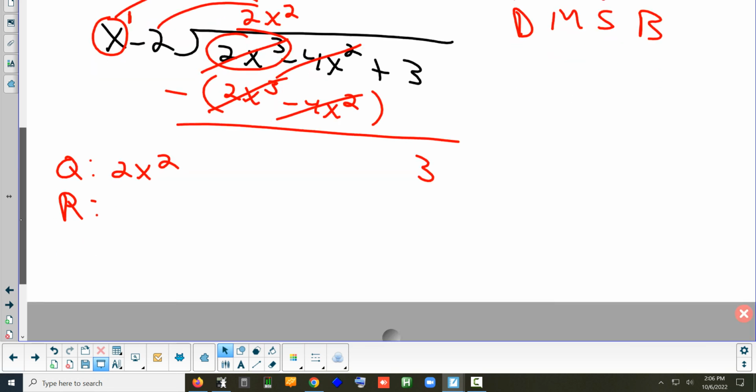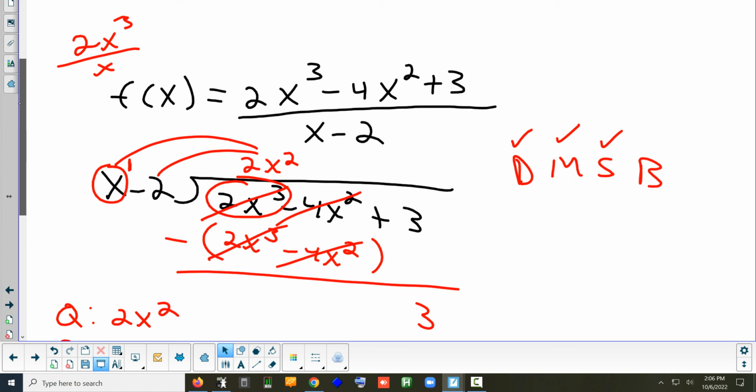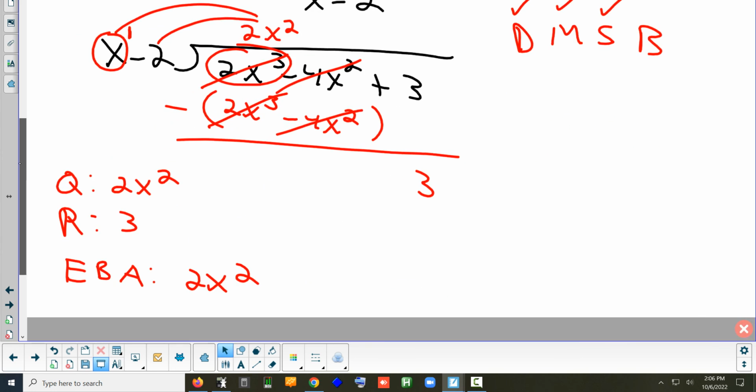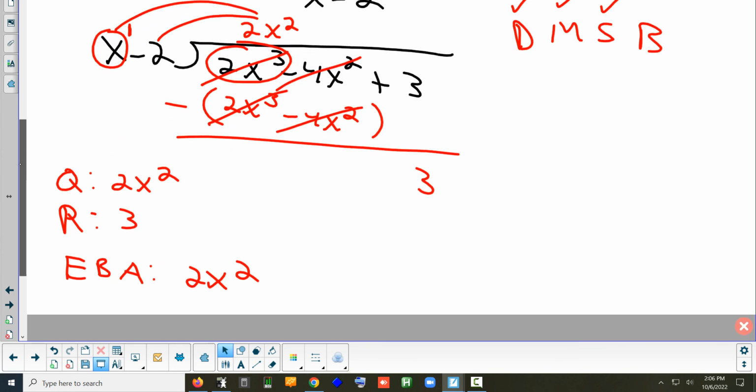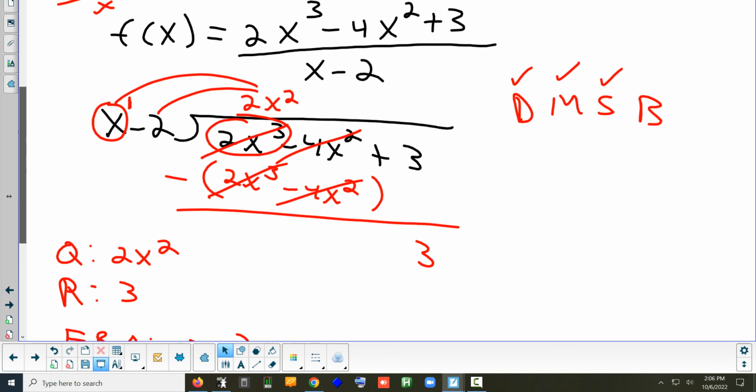What's my remainder? 3. And what's my EBA? 2x squared. The EBA and the quotient are the same thing. There you go. And that's it. We're not going to sketch it. That's all I wanted to do. Any question on that one?